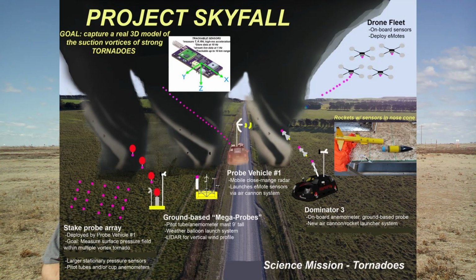Now there have been companies and people called storm chasers who have gotten instruments in there, and that's just the beginning. What we're trying to do is understand why a tornado forms and what the conditions are to form them.